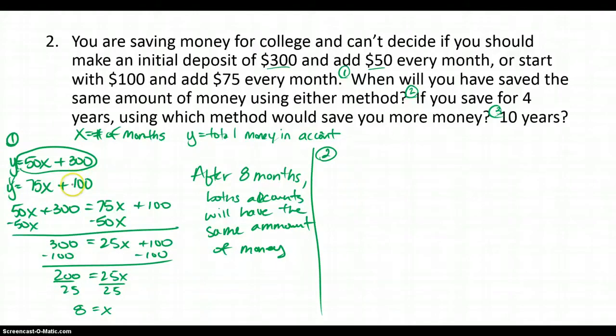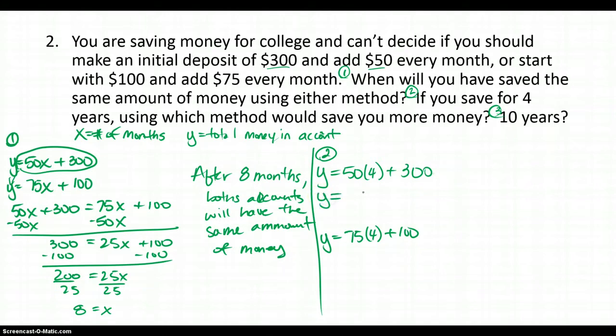Well, I have my two equations, my two models for both accounts. All I need to do is plug in 4. So if I plug in 4 here, I get y equals 50 times 4 plus 300, and y equals 75 times 4 plus 100. Just do the math and we'll compare.